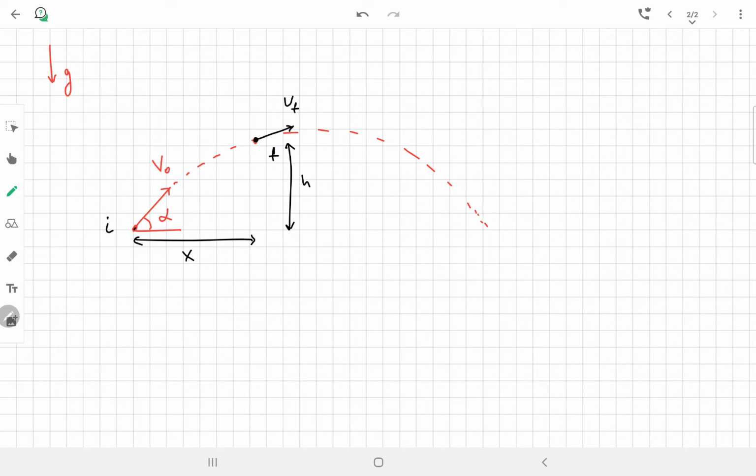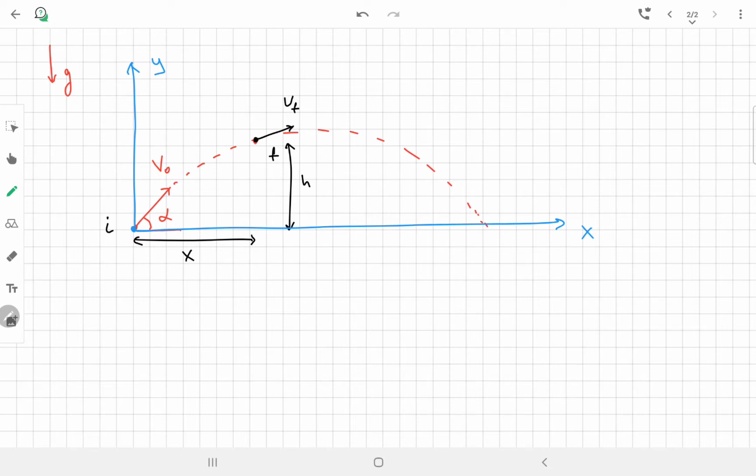For these problems, it's simple. We will take as the original point the point where we throw the object. So this is the x axis, and this is the y axis, and this is the origin.